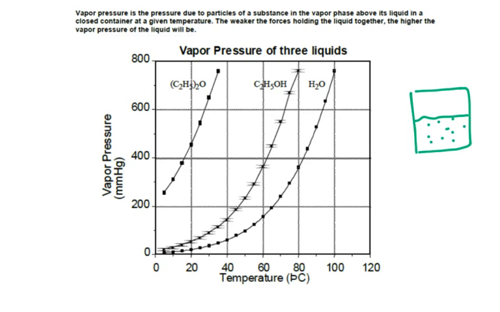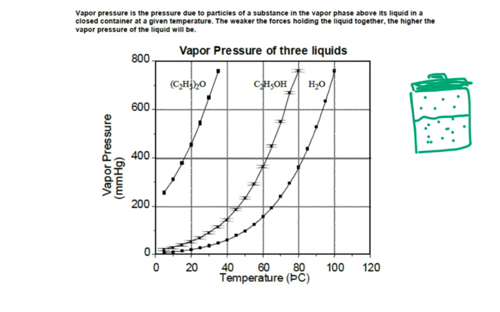There are all the little liquid water molecules, right? The vapor pressure is the pressure of the vapor above the liquid. Some of those liquid molecules might go into the gas phase in a closed container. So this is a closed system.